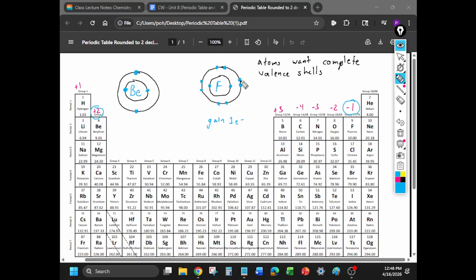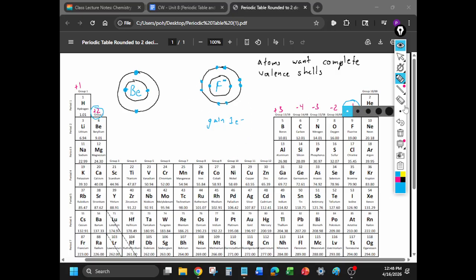If you gain an electron, you become -1, right? So F becomes F minus. And now it has a complete valence shell, and now it is stable. So that's how elements stabilize themselves, by gaining or losing electrons to have a complete outer shell. So F becomes F minus because it wants to gain an electron to become stable.